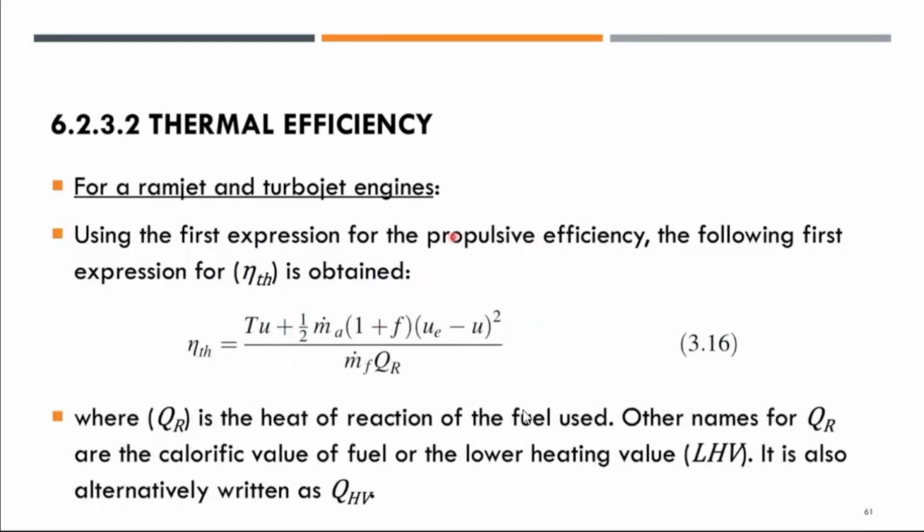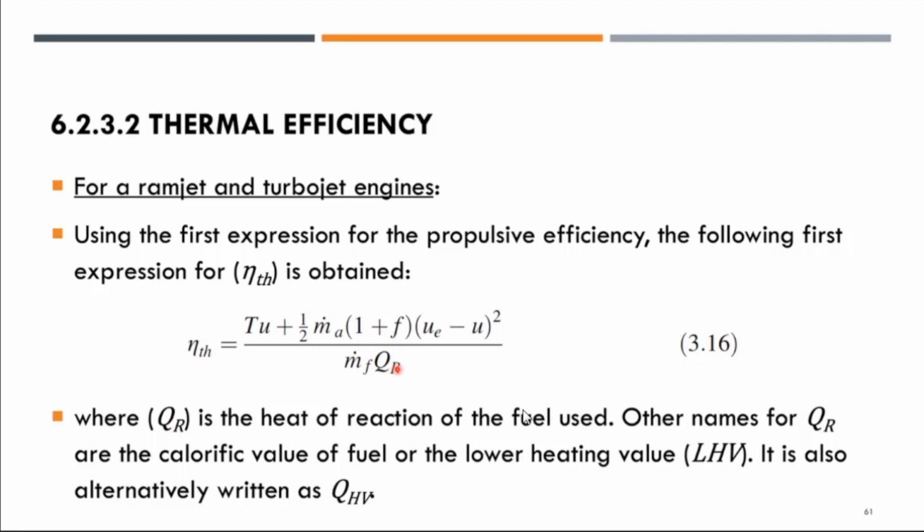For specific ramjet and turbojet engine, using the first expression for the propulsive efficiency, the following first expression for zeta TH is obtained. This is the thermal efficiency for ramjet and turbojet engine, where QR is the heat of reaction of the fuel used.